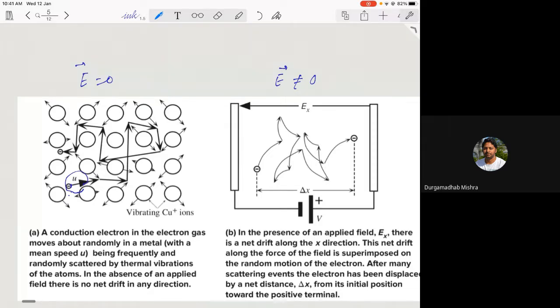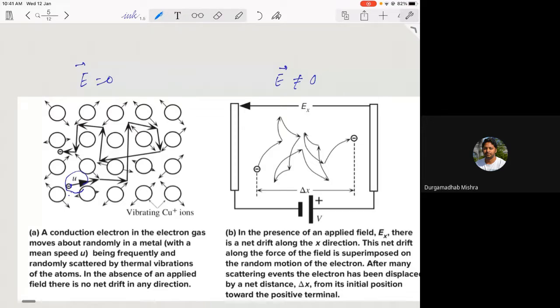Many scattering things are happening. But if I take the average of these velocities, there is no net displacement of the charge from the initial point in a certain time delta t. Net displacement will always be zero, and therefore the drift velocity will be zero.